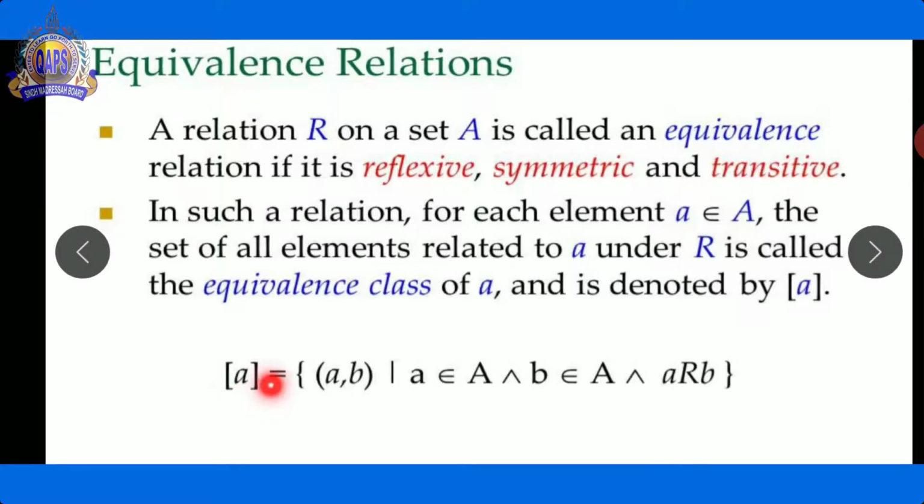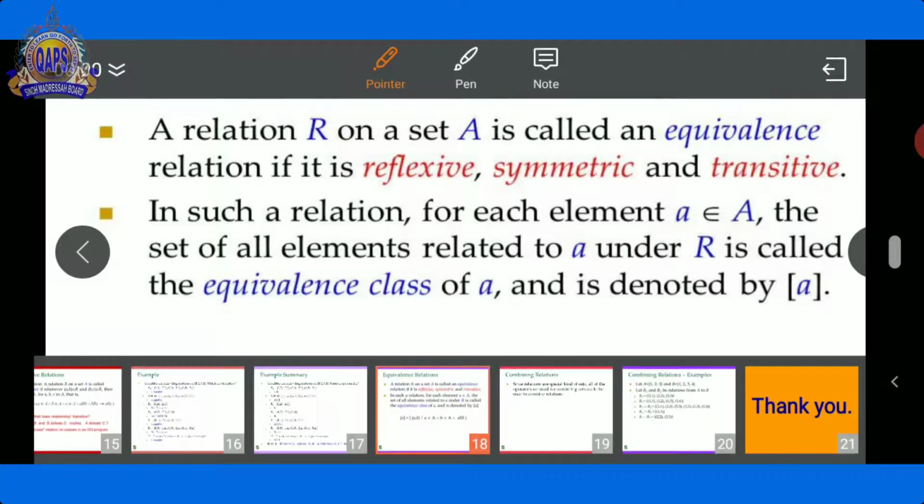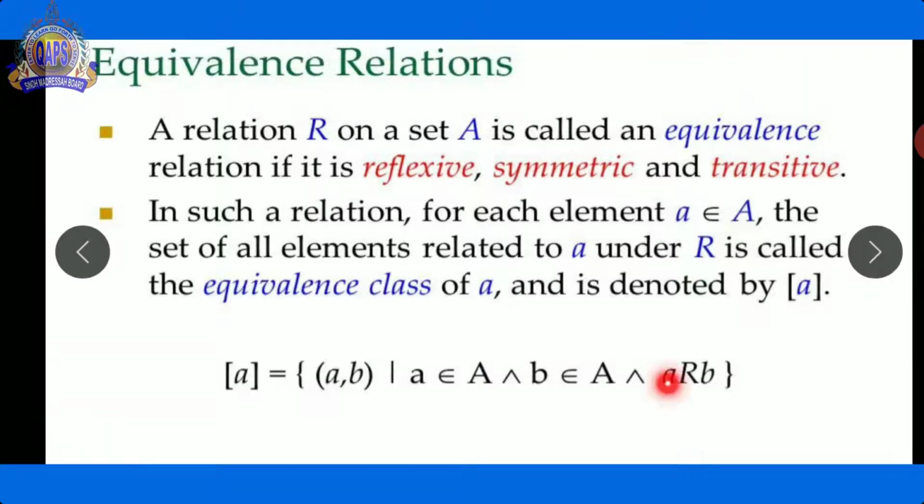So [a] equals the set of pairs (a, b) such that a belongs to A and b belongs to A and a is related to b. This represents the equivalence relation condition.